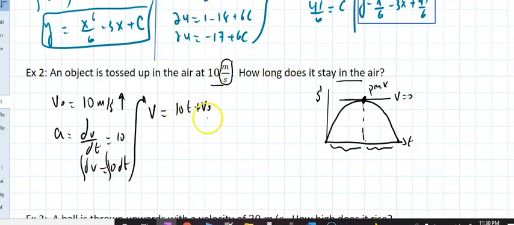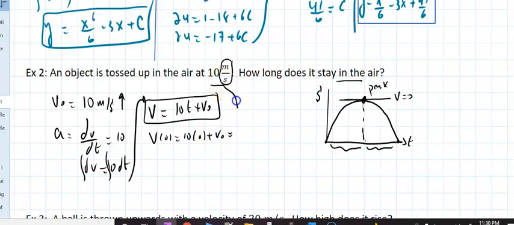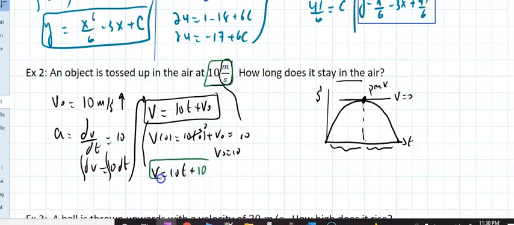Since they gave me initial velocity, now I'm going to do this only in the first problem. V of 0 is negative 10 times 0 plus V sub 0, and that should equal 10. So that's going to be 0 because it's always initial. So instead of doing this step, I would start skipping and writing negative 10t plus 10, and every time there's an initial velocity, I would pretty much fill in what I'm given right away.